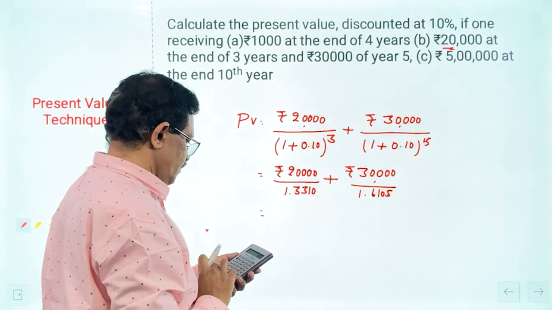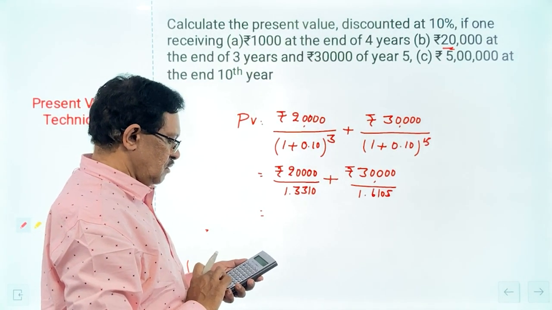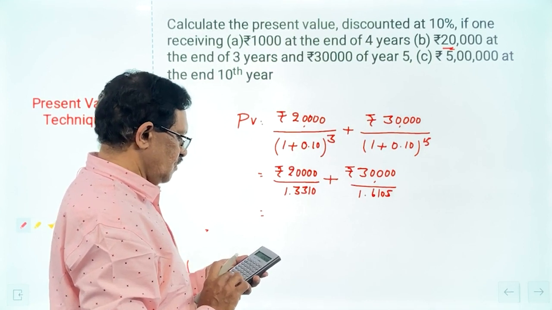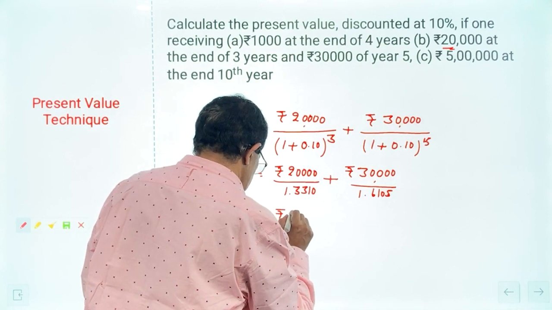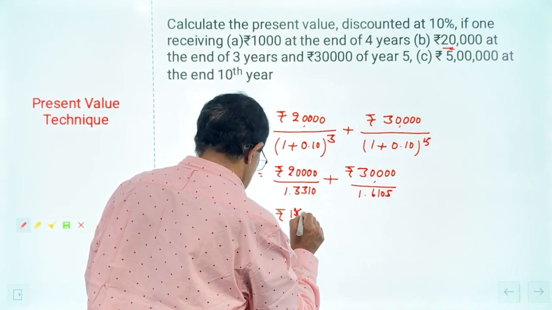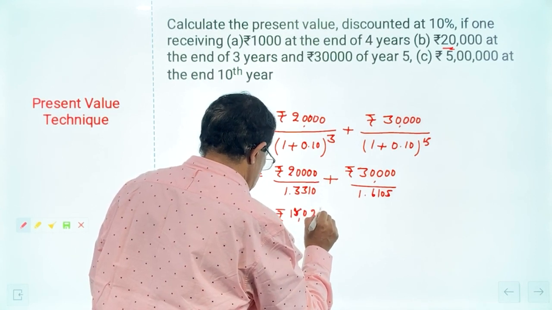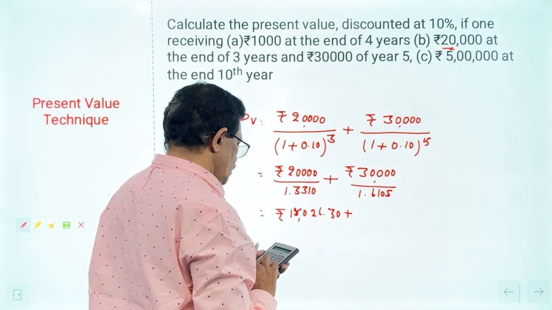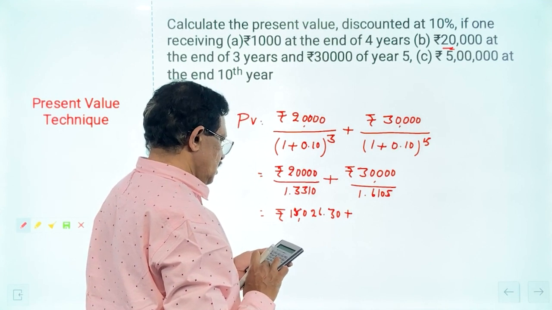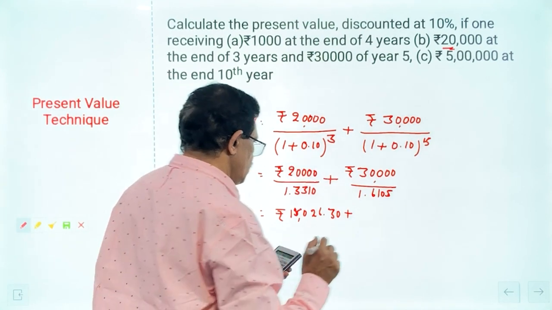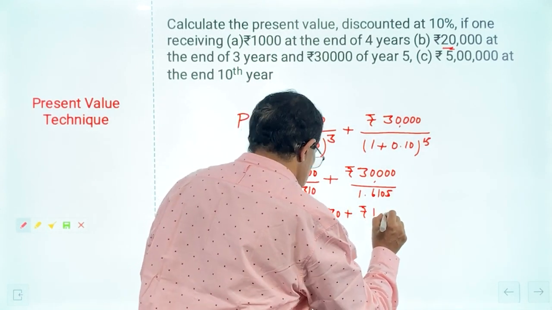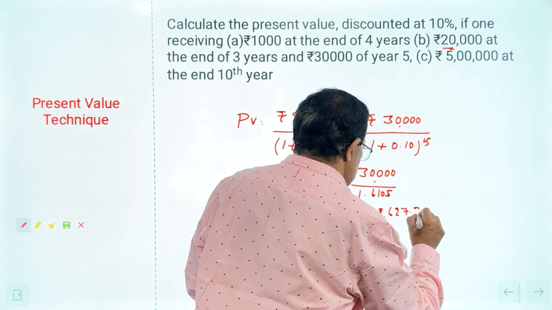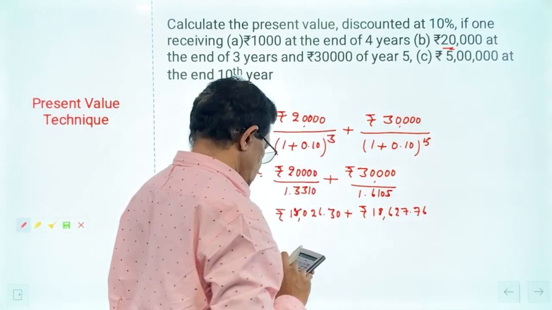So this is going to be 20,000 divided by 1.3310, which is nothing but rupees 15,026, plus 30,000 divided by 1.6105, which is nothing but rupees 18,627.76.